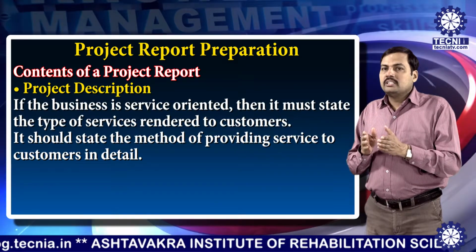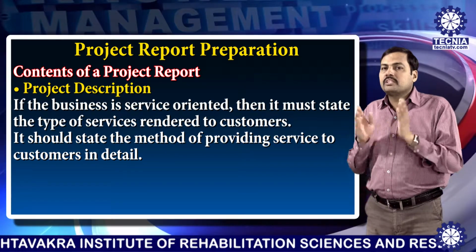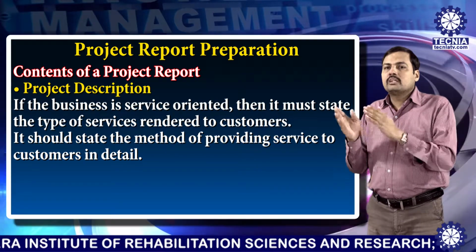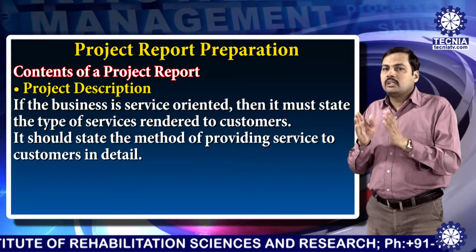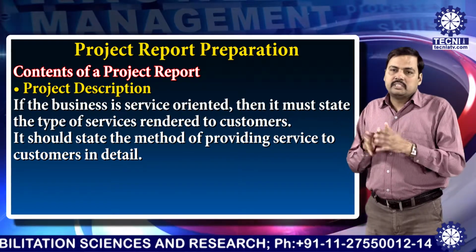If the business is service oriented, then it must state the type of services rendered to the customers. It should state the method of providing services to customers in detail.